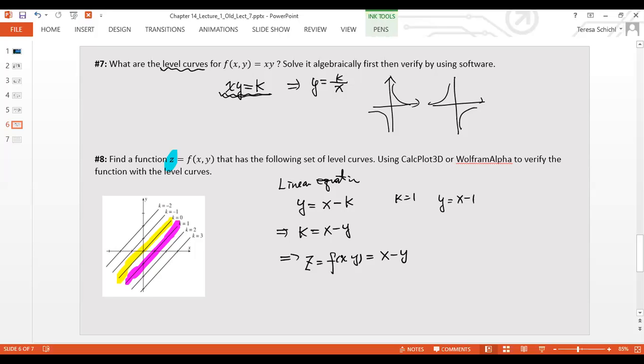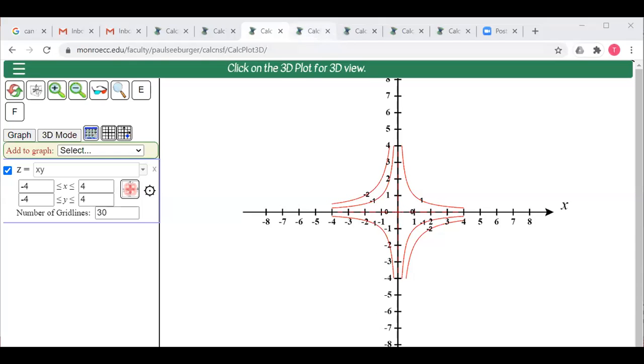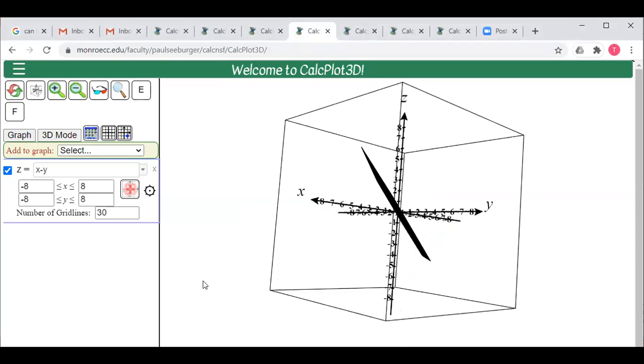Okay, so let's take a look. Let's try to use the Calc3D plot to see if we'll be able to reproduce that. All right, so let's go to the next tab here. The first thing here is what we graph, x minus y, right? That's what we just derived.